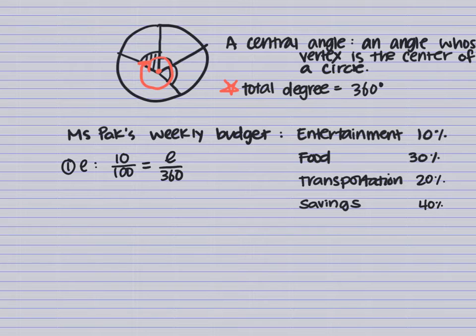So you're going to multiply 10 and 360, and then multiply 100 and E, which will give you 100 times E equals 360 times 10, so it's going to be 3,600. You simply divide both sides by 100 because I want to find out 1E, which is going to be 36. So for my entertainment, it's going to be 36 degrees.